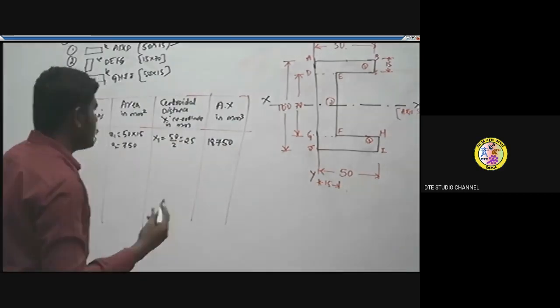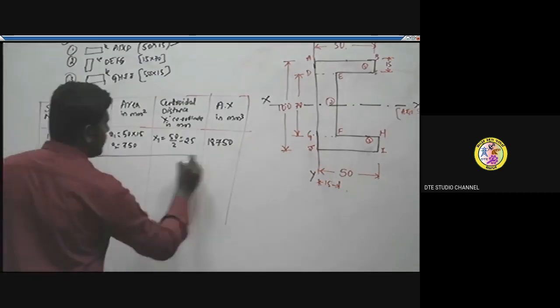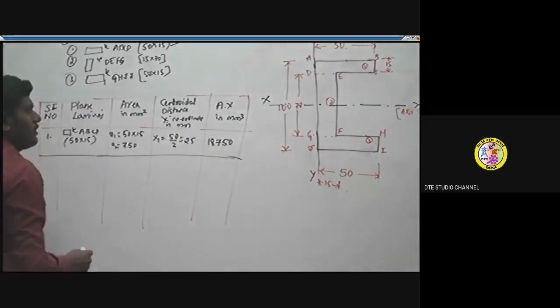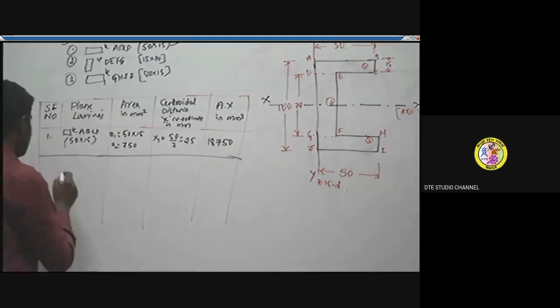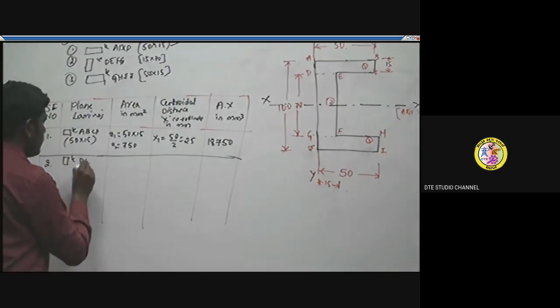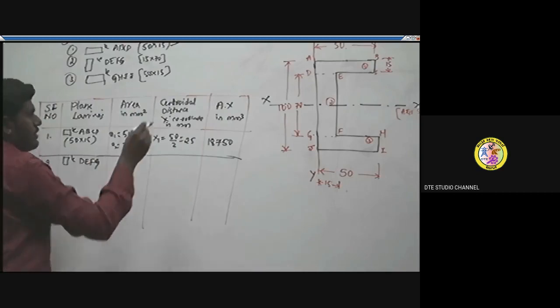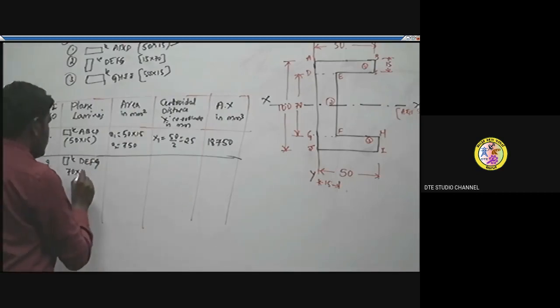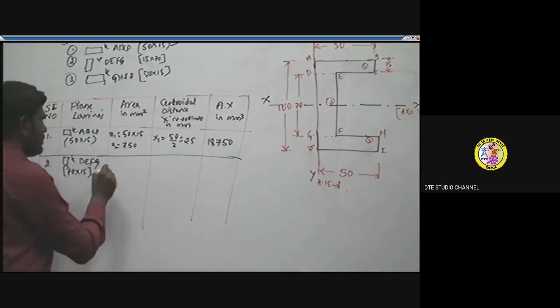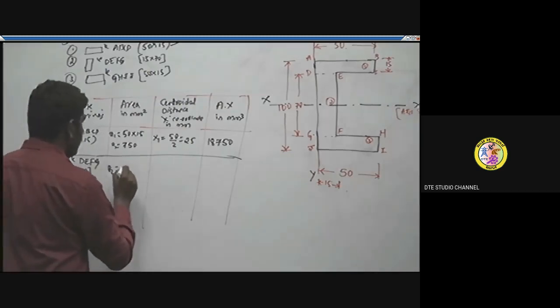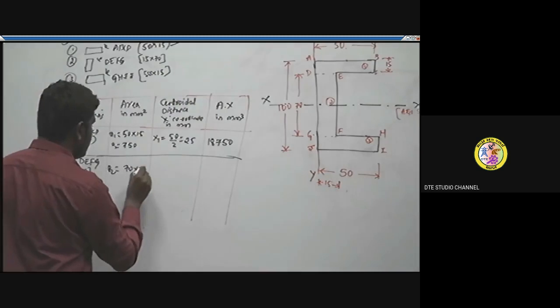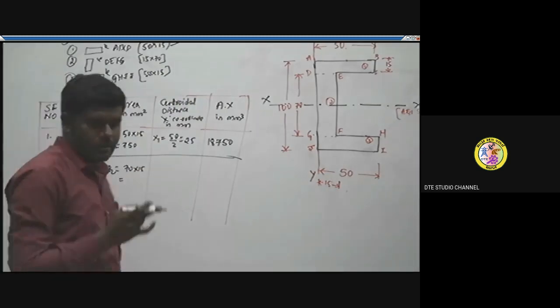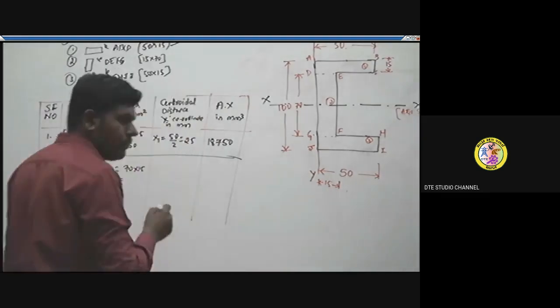In the same manner, you can look at the next plane figure, which is also a rectangle, DEFG, of cross sections 70 into 15. Its area is given by the same formula, 70 into 15, so 1050.